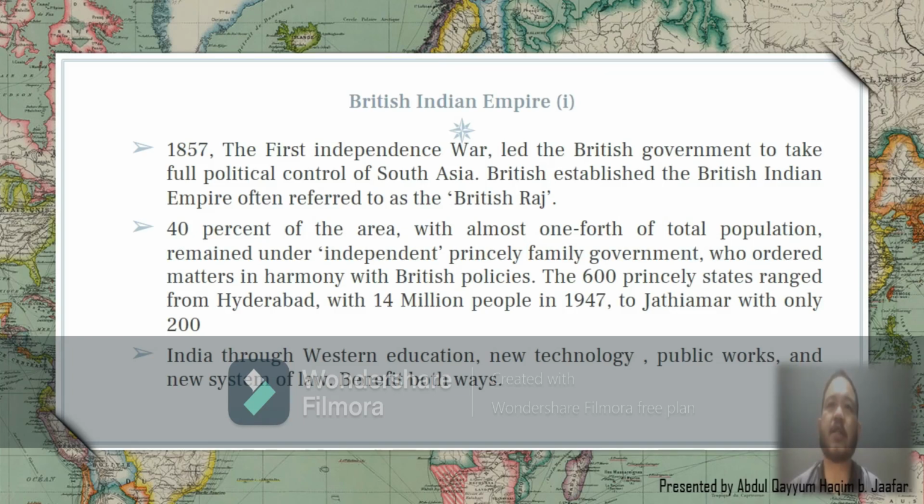The 600 princely states ranged from Hyderabad with 14 million people in 1947 to Jatiama with only 200. India, through Western education, new technology, public works and a new system of law, benefited both ways.